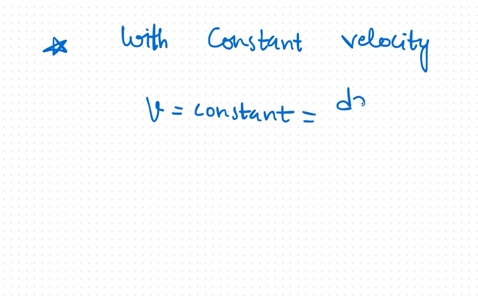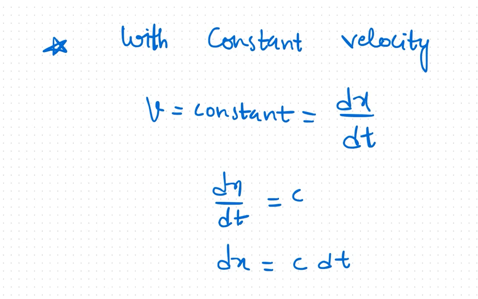This is also equal to dx by dt. dx by dt is equal to constant means what? When you differentiate a constant, it becomes 0. When you integrate, you have to write like this, integral of c dt.